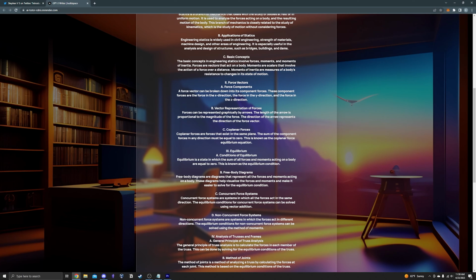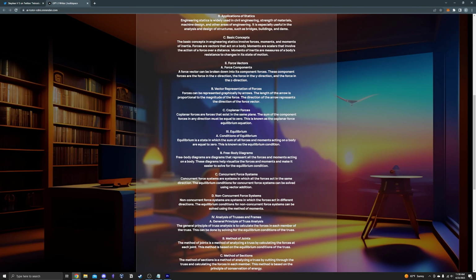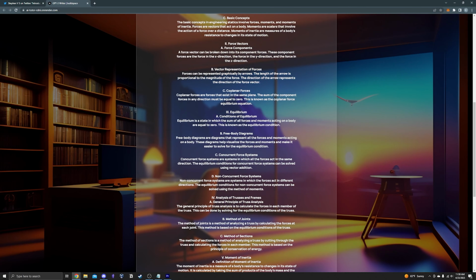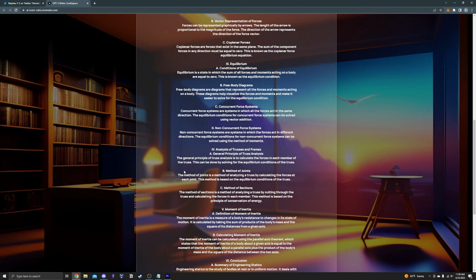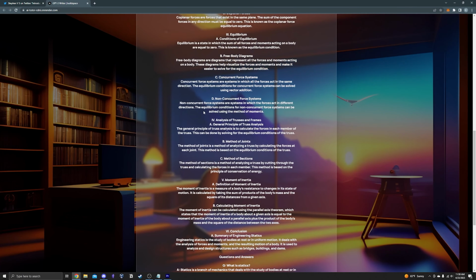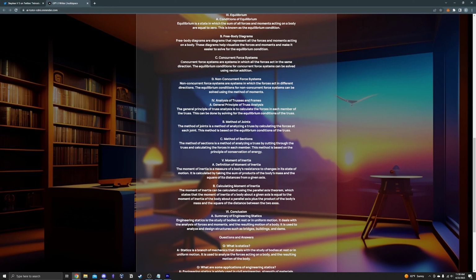The sum of the component forces in any direction must be equal to 0. This is only true for statics, equilibrium, free body diagrams, concurrent force systems. So it's giving me a lot of good topics, and kind of like definitions for what they are.